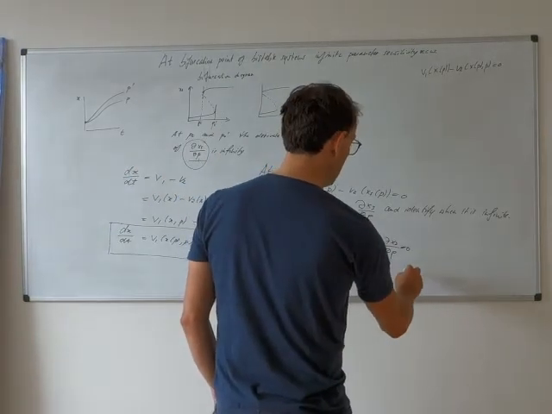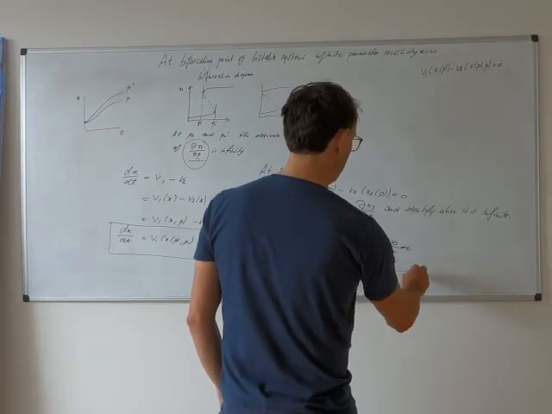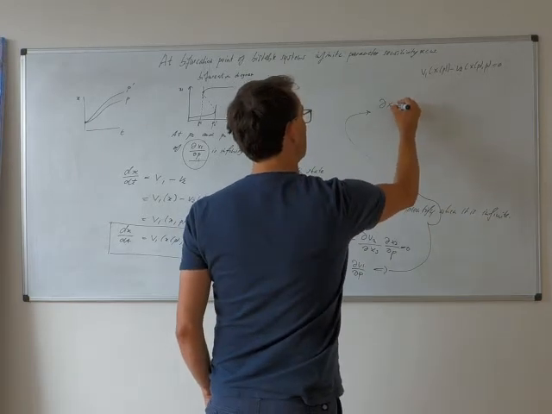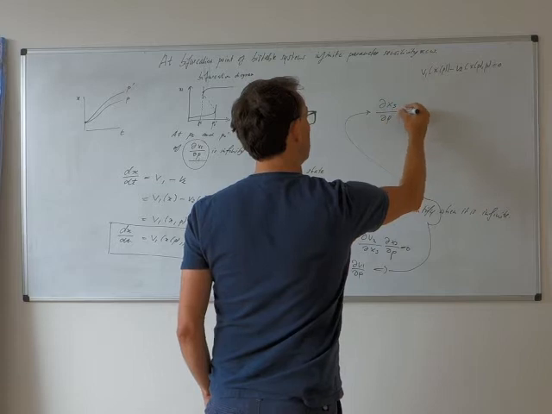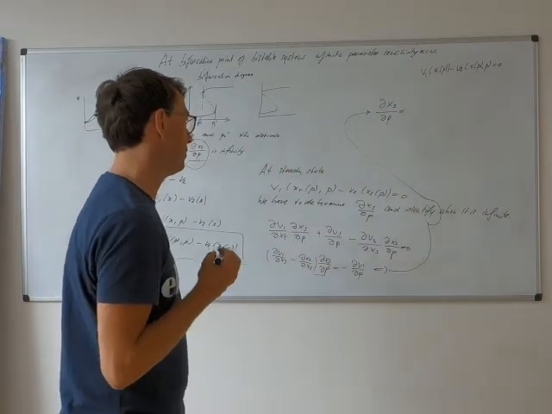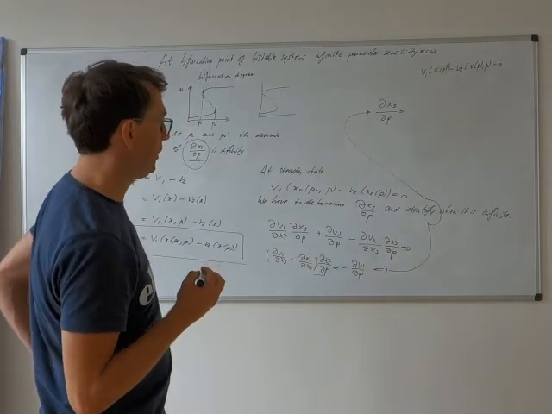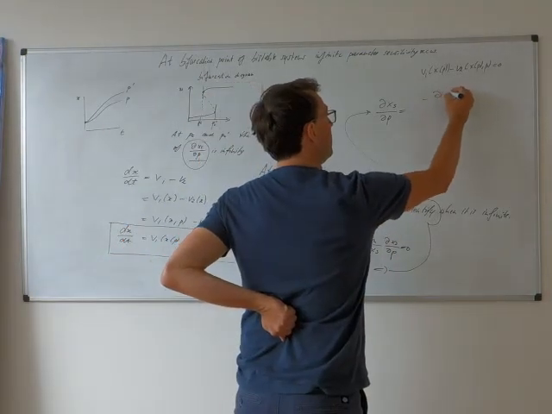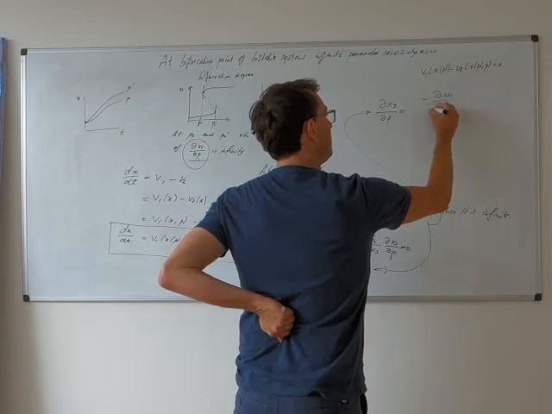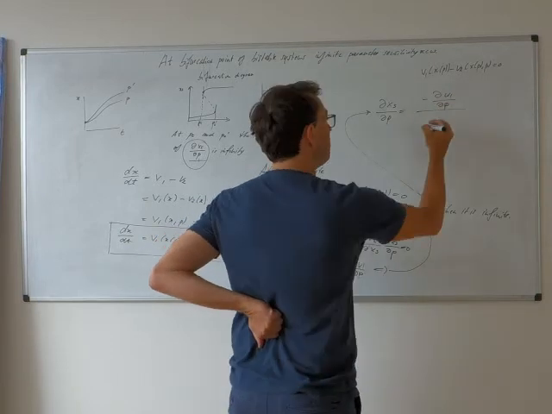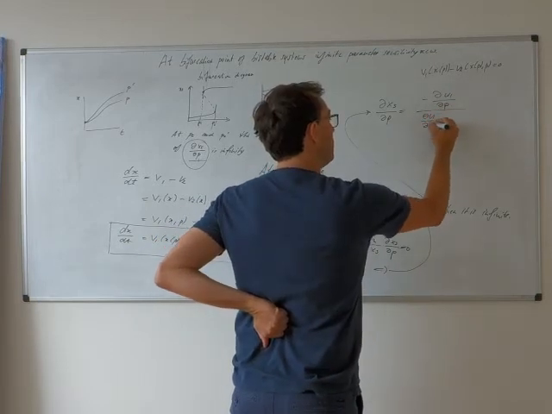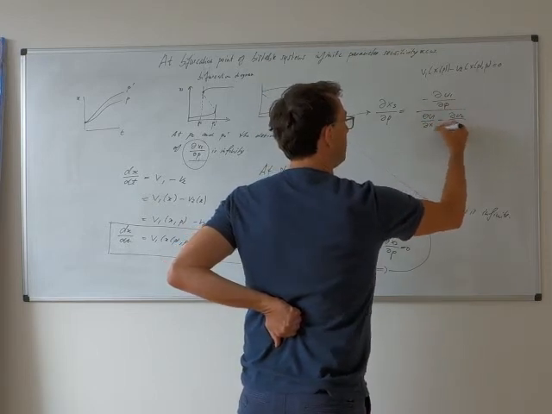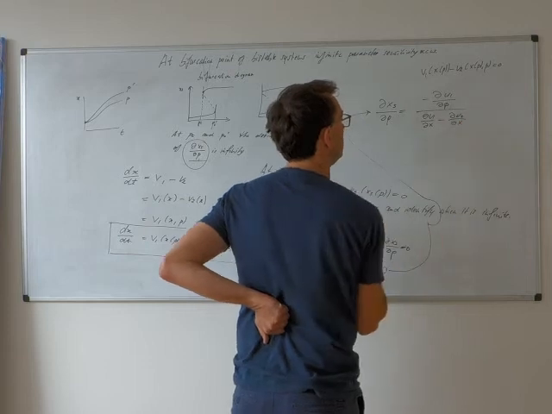So it turns out now, let's write that here, that the sensitivity of the steady state concentration of x with respect to the parameter is given by the sensitivity of the rate with respect to the parameter, so this derivative, and the sensitivity of the rate of v1 with respect to x, and v2 with respect to x.